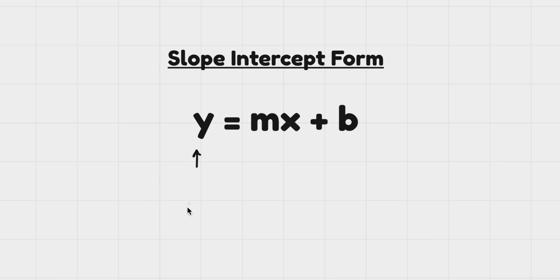Y is just the y value of the point. This x just represents the x value. M represents the slope, and b represents the y-intercept.